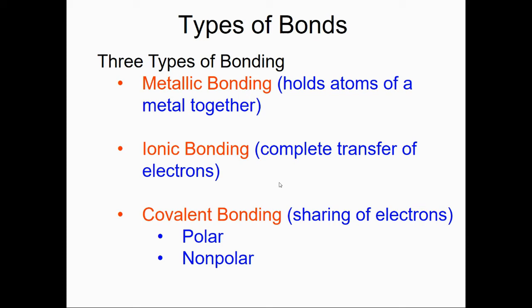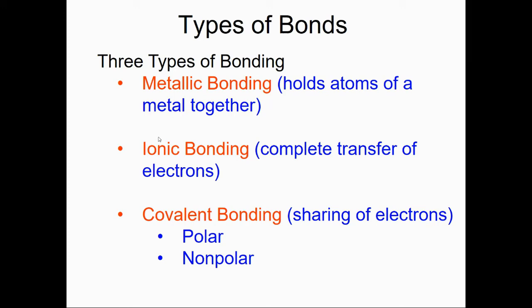The fact that you can wear gold jewelry is due to metallic bonding, because gold jewelry isn't just one gold atom, it's multiple atoms of gold that are all bonded or held together to make gold that you can make into earrings. There is ionic bonding.